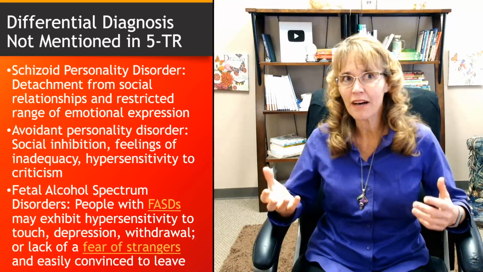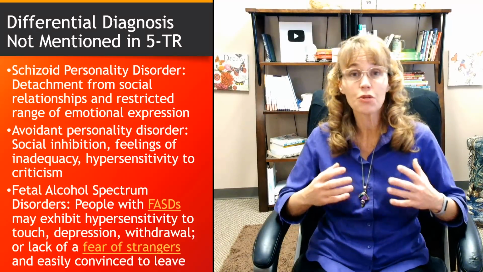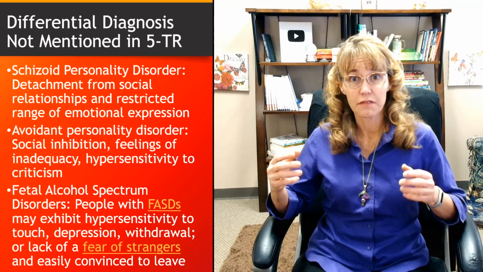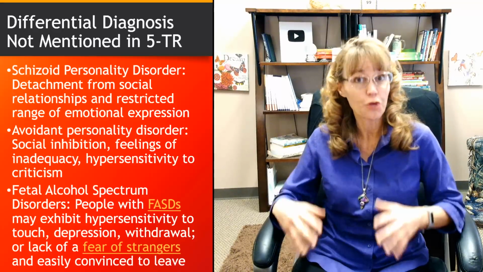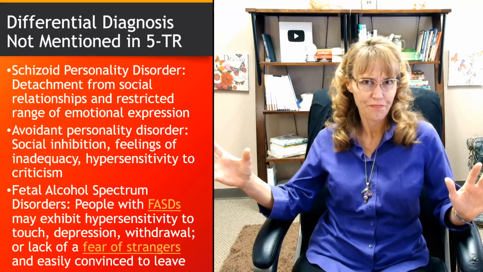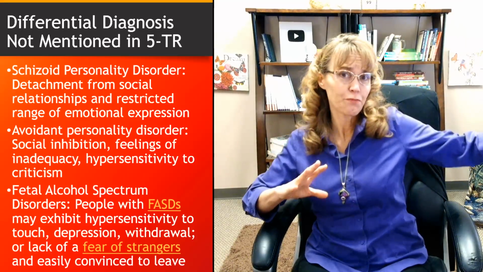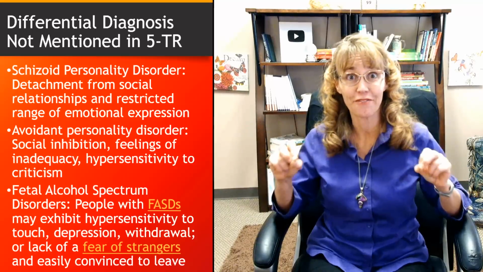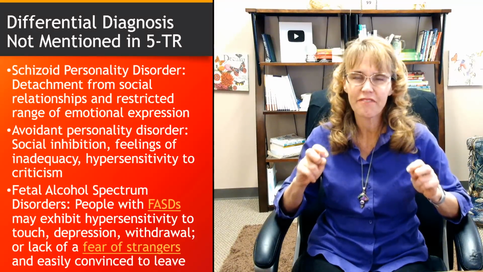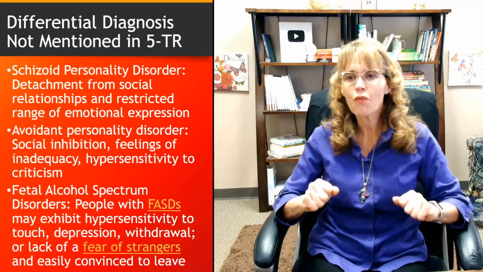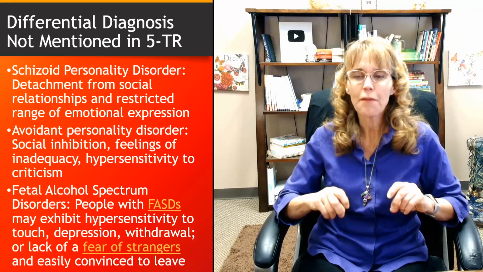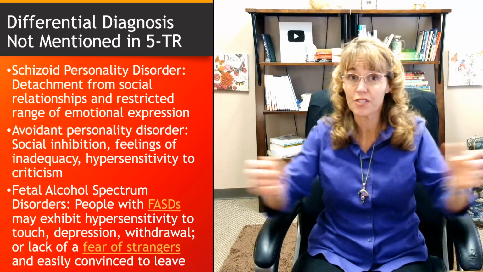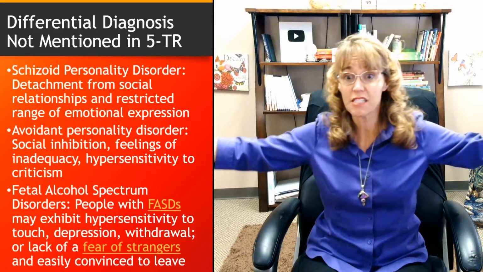We're talking about brain damage that occurs to a fetus as the result of a pregnant person consuming alcohol. Okay, so that's a whole different presentation in and of itself. But what I want to highlight for you, and we don't talk about FASDs nearly enough, is that people with FASDs, now it's a spectrum, just like autism spectrum disorders, it's on a spectrum from mild to severe.